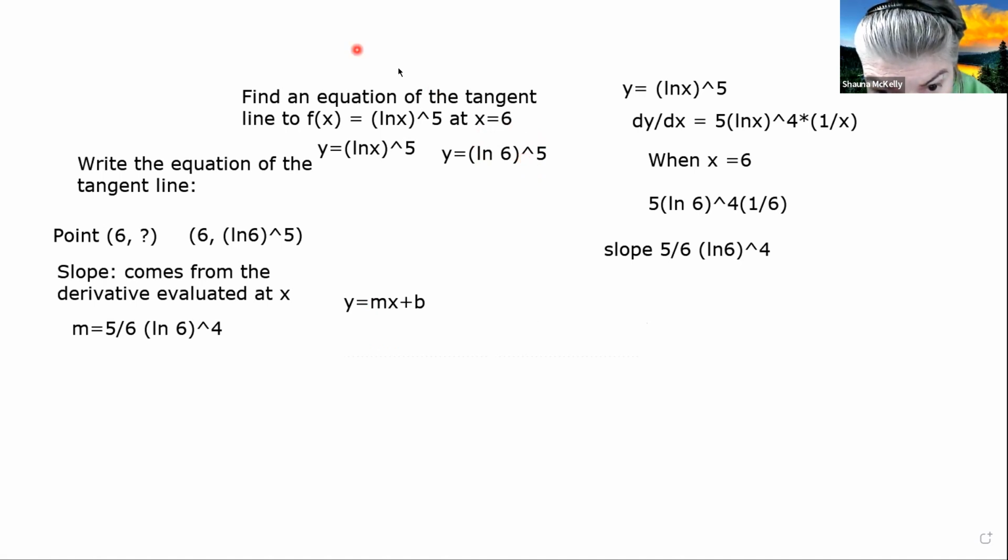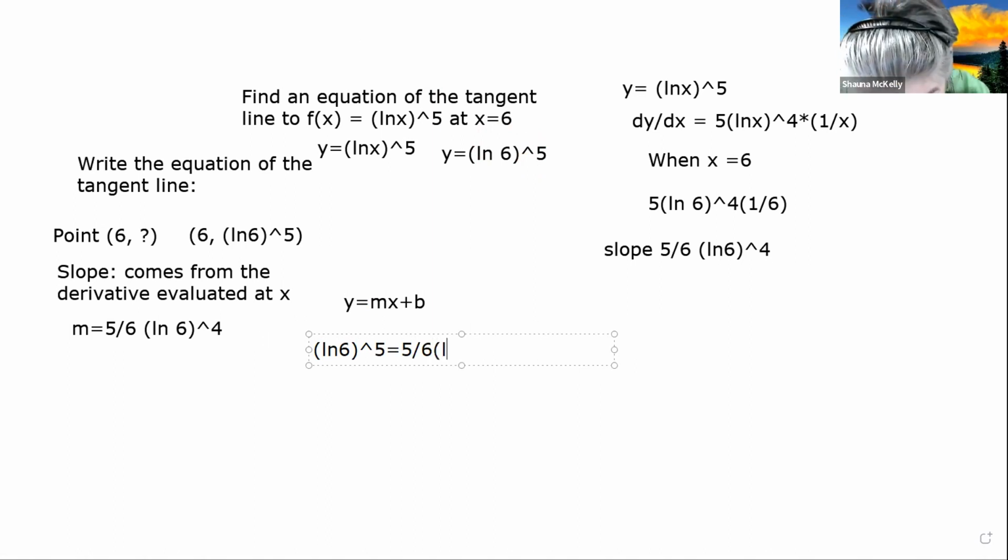So I'm going to say ln 6 to the 5th power is equal to the slope, which you see on the left, 5/6 ln 6 to the 4th power, okay?